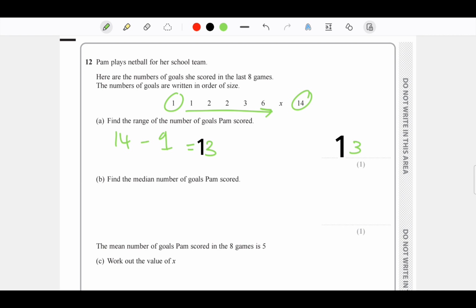Part B, find the median number of goals Pam scored. So the median number would mean the middle number. Okay, so middle number. Alright, so what we're going to do is we're going to cut it off equally.